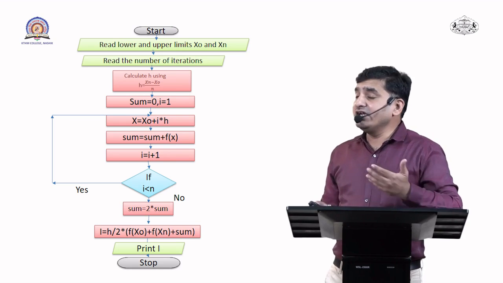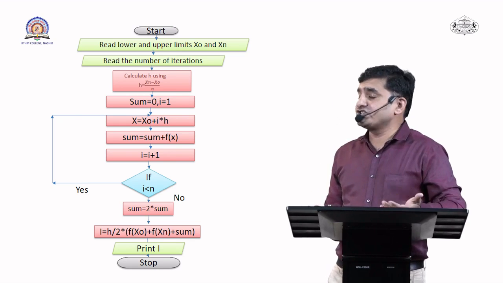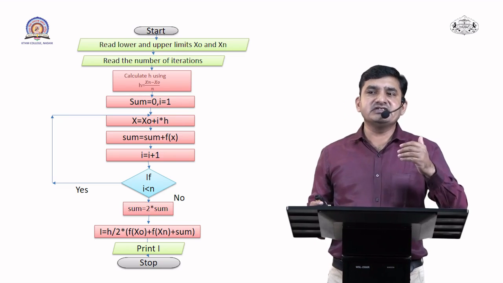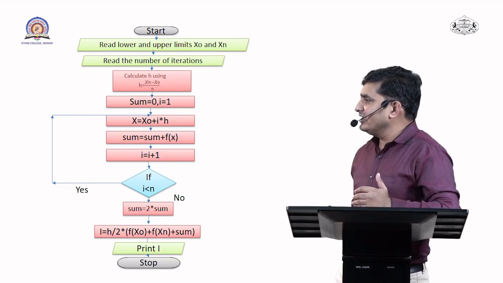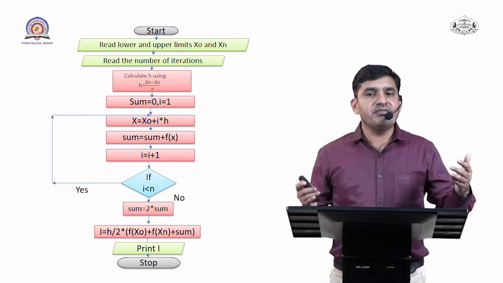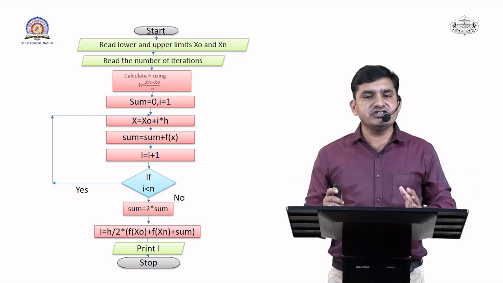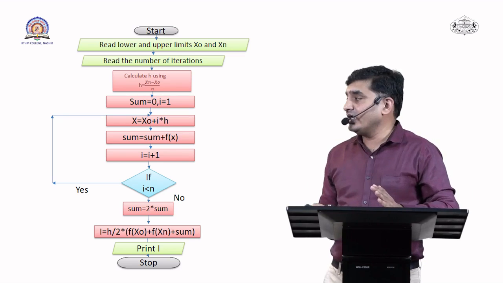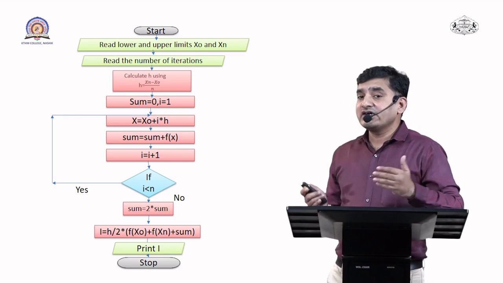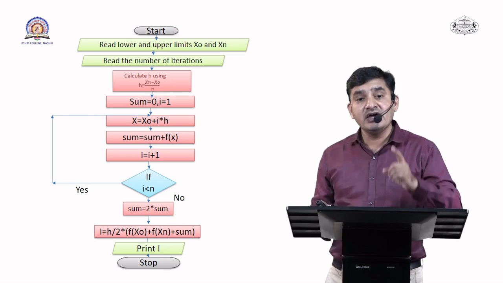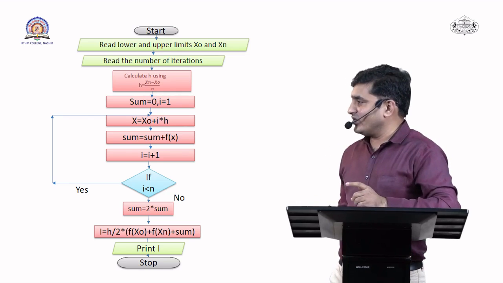Now read the number of iterations or number of strips, that is n. Then we calculate the step size by using the formula h is equal to xn minus x0 divided by n. Then consider sum is equal to 0, and i is equal to 1.